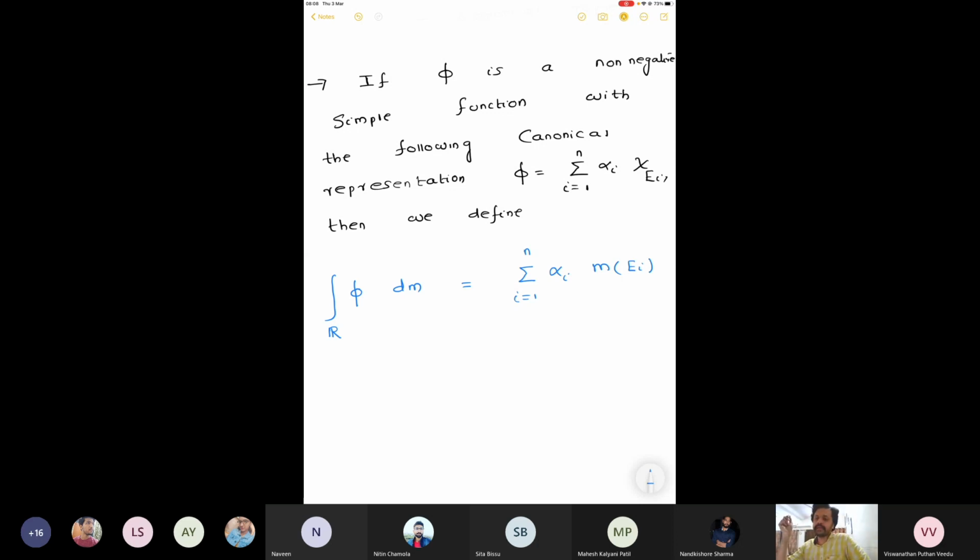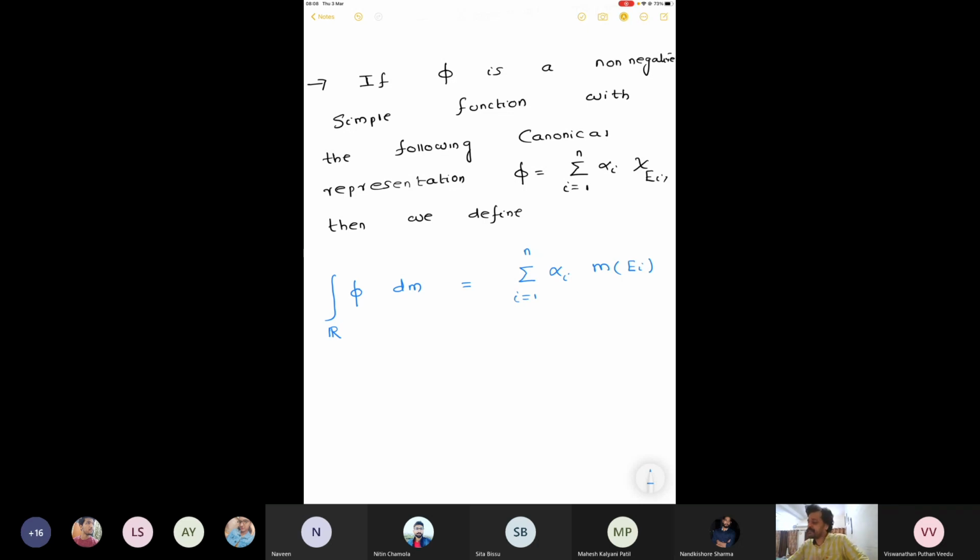And let me also highlight why the non-negativity assumption is made. Some of these Ei could be of infinite measure. Therefore, if alpha i's can be negative, you may end up with forms like infinity minus infinity. In order to avoid that, we took phi to be non-negative.